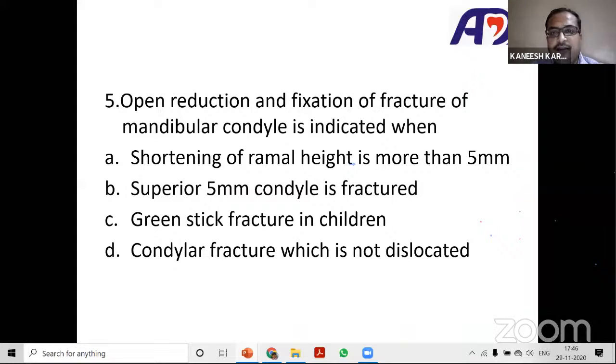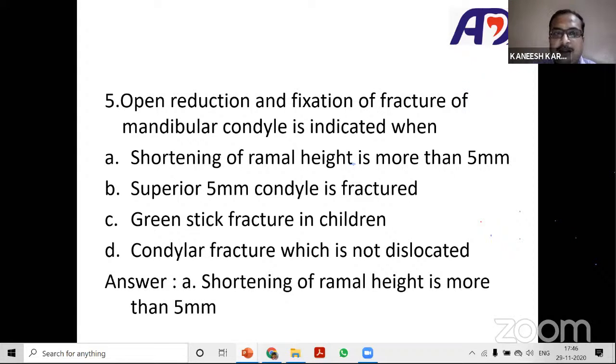Open reduction and fixation of fractured mandibular condyles is indicated when? Correct. It is shortening of the ramal height of more than 5 mm according to Zide and Kent criteria.